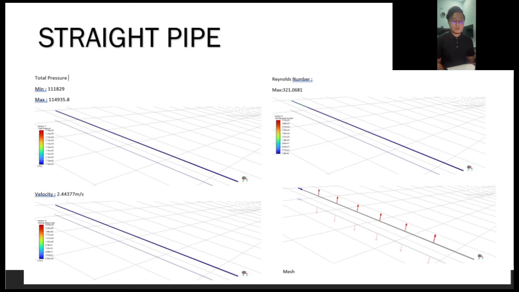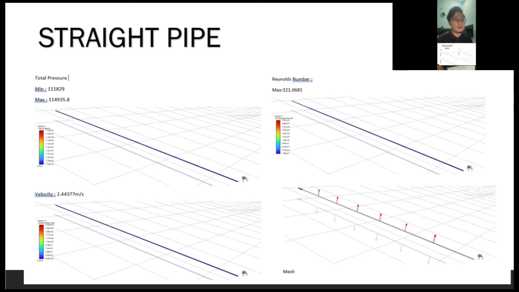From the simulation, we can come up with 3 contour results, and for the straight pipe simulation, the first is total pressure. The minimum of total pressure is 111,829. The maximum of pressure is 114,935.8.